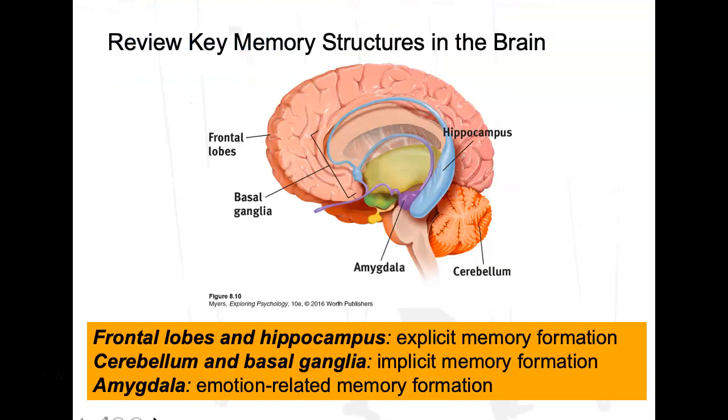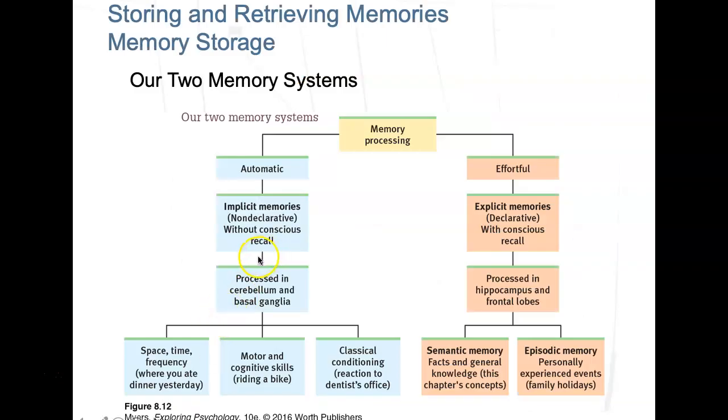All right, it's just showing you here the locations and areas of the brain and their functions, how they relate to memory. All right, here's a hierarchy, okay? We just talked about hierarchies, but this gives a really great breakdown of what falls into the implicit memory category, the explicit memory category, the different association areas of the brain, and what memories fall under implicit and what memories fall under explicit memories.